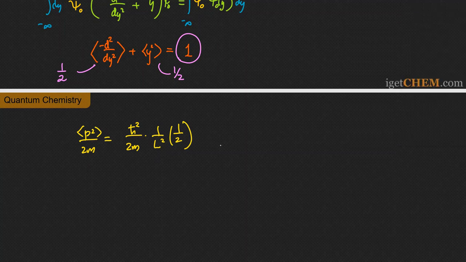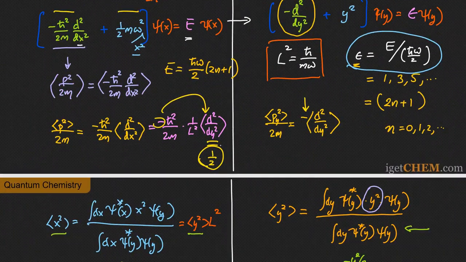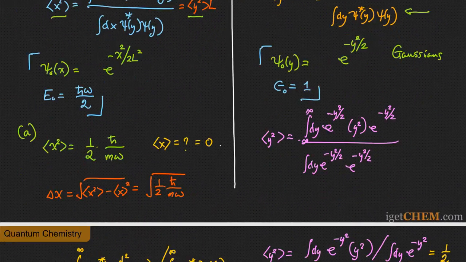So now I can basically see that for p squared, because the 2m cancels, it is basically just h bar squared over L squared times 1/2. Okay, now the last thing is to put back in the value for L squared. So L squared is this, h bar over m omega.